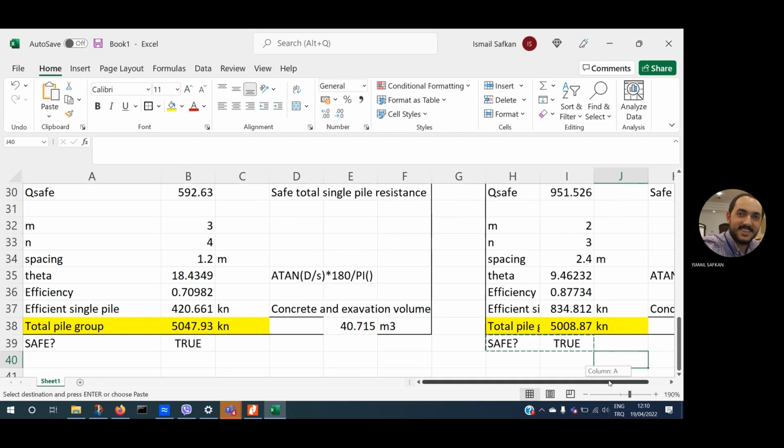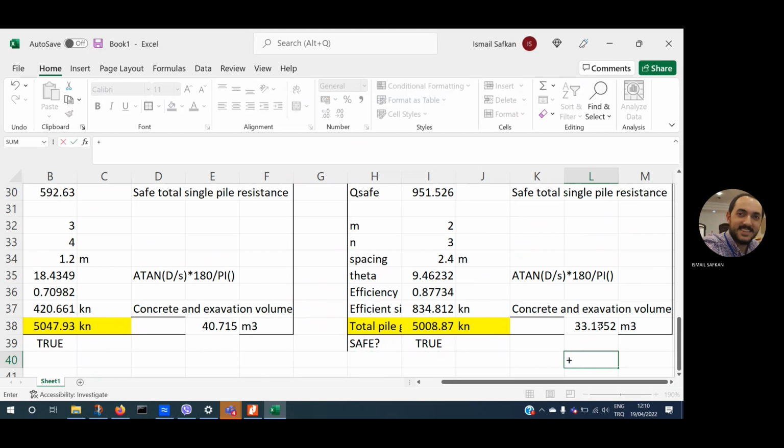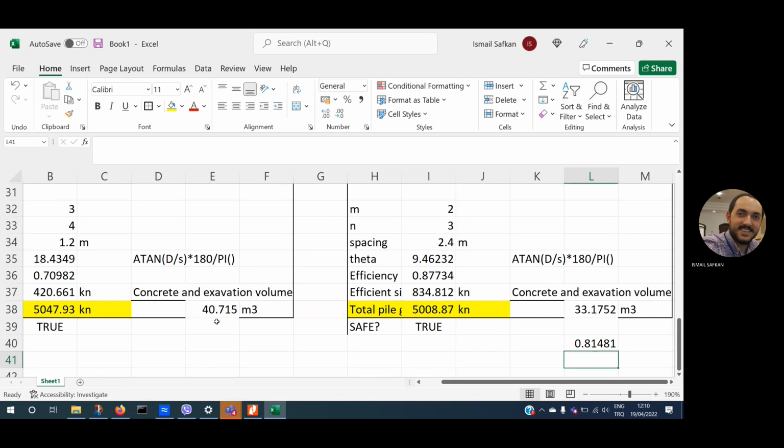Which one is more economic? This. So which one is optimum design? This one. Plus that, divide that. It's about 19% more economic.